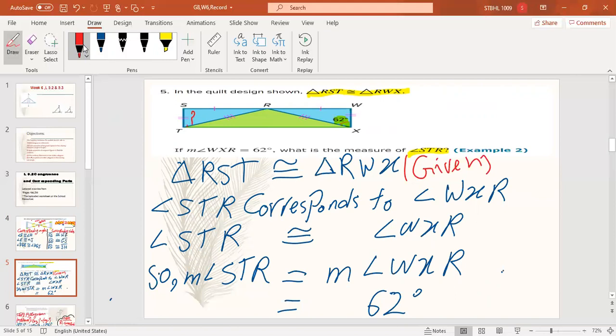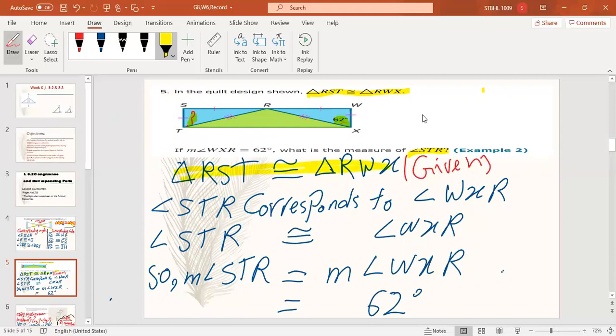And it's very clear that because the two triangles are congruent, triangle RST is congruent to triangle RWX, so angle WXR is congruent to angle RST, which is missing. So we will begin the answer by writing the given, which is the two triangles are congruent to each other.